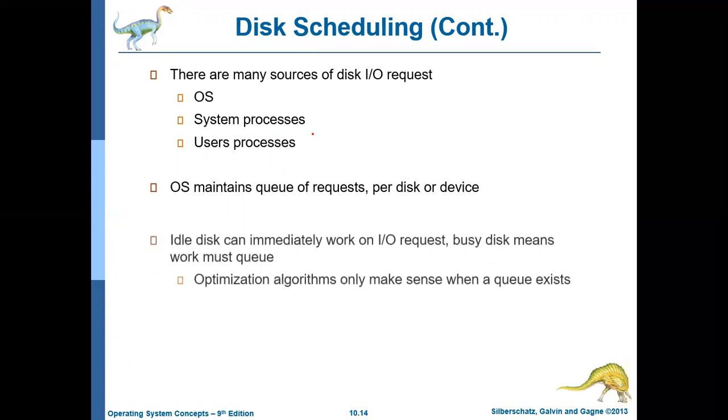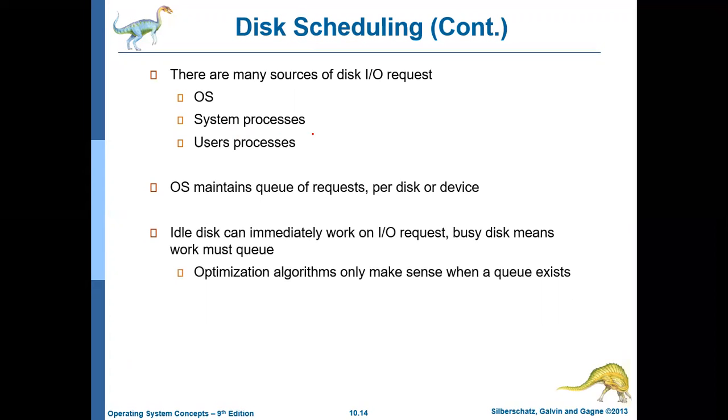If the disk is immediately available, the process which wants to access the disk can access it straight away. But if it is not available, the request will be placed in a queue, and the disk drive will service the requests by taking them one by one from the queue.